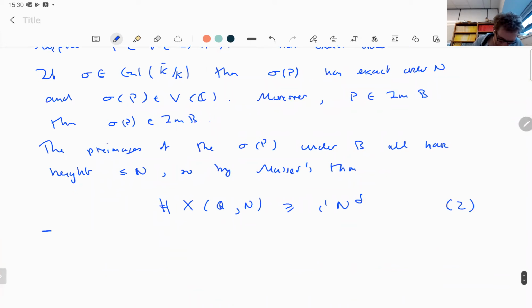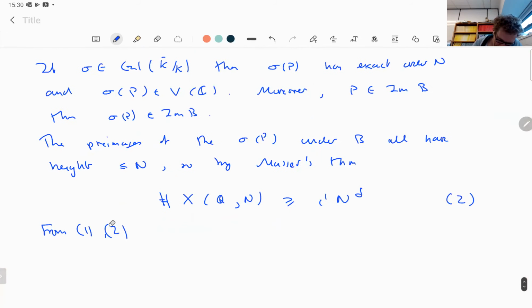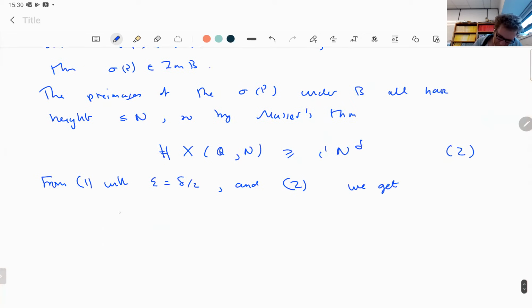Well, if I apply Pila-Wilkie here with epsilon, say delta over 2, from 1 with epsilon equals delta over 2, and 2, we get, well, either X alg is not empty, or C prime is less than or equal to C n to the delta over 2, and this implies n is bounded.